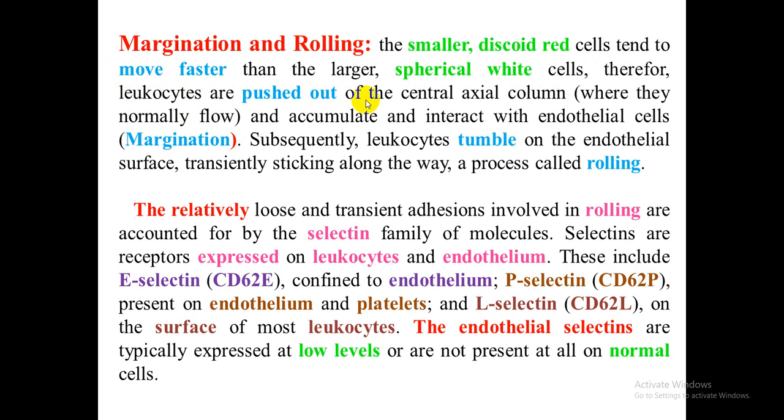Therefore the leukocytes are pushed out of the central axial column of blood flow, where the RBCs flow first and the white blood cells follow behind, and they accumulate and interact with endothelial cells, settling out from the center. In normal conditions blood flow is laminar. When stasis occurs, as we said before, there is sluggish blood flow, so the white blood cells settle out or move toward the endothelial cells. This stage is called margination.